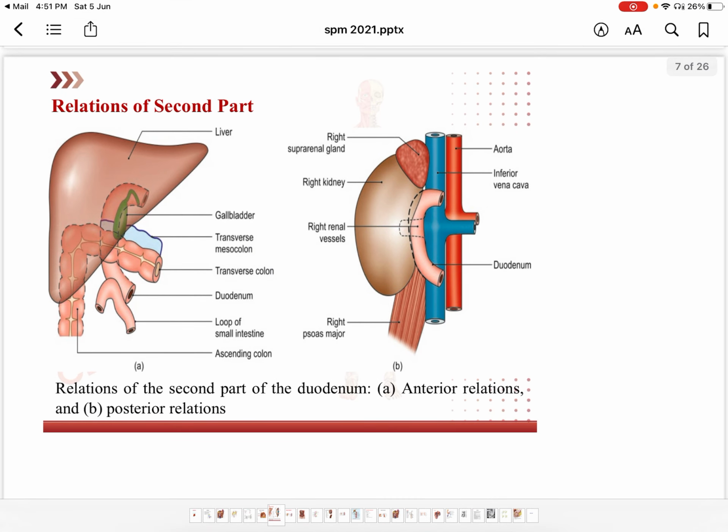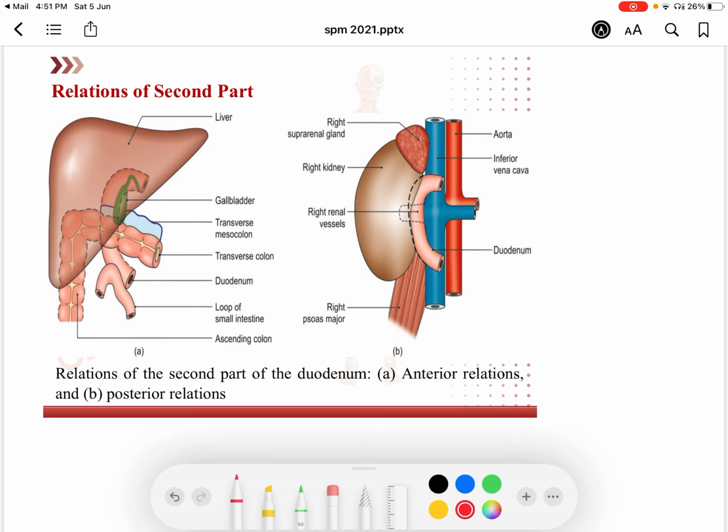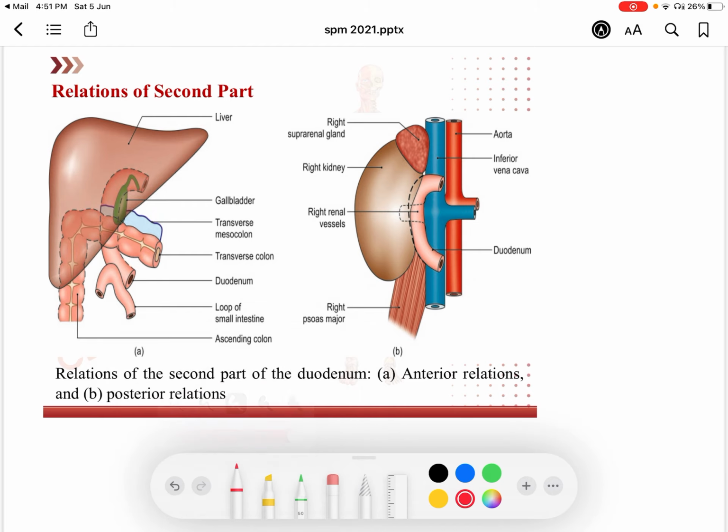Now the second part of the duodenum. The second part is related anteriorly with the gallbladder, transverse colon, transverse mesocolon, and loops of the small intestine. So anteriorly all these structures are related with the duodenum.